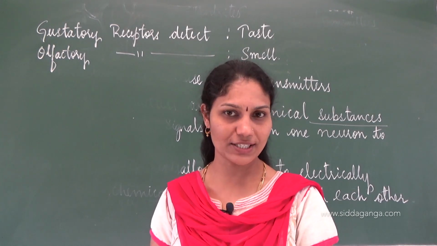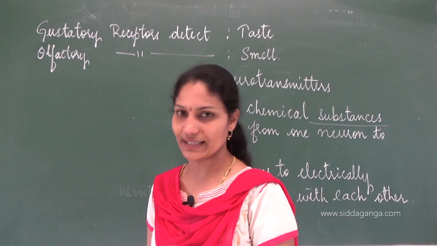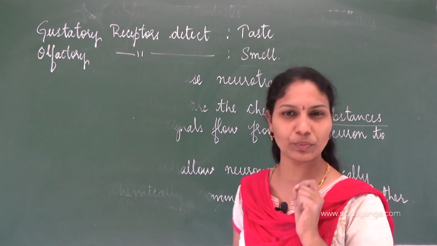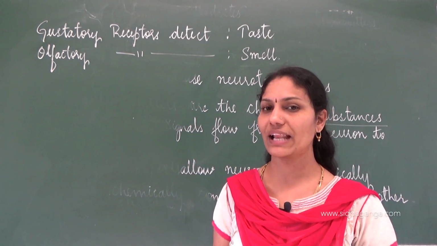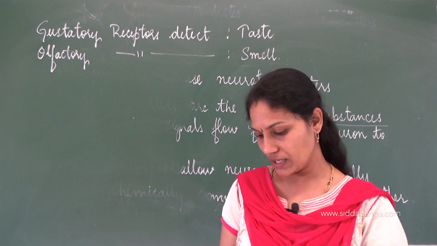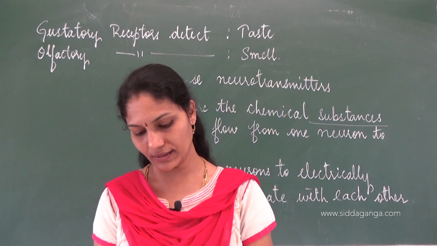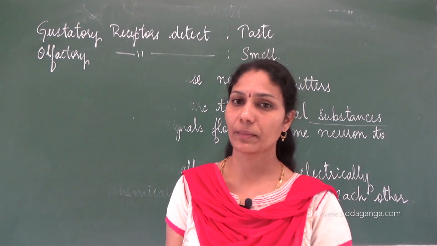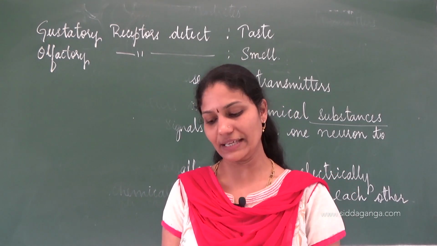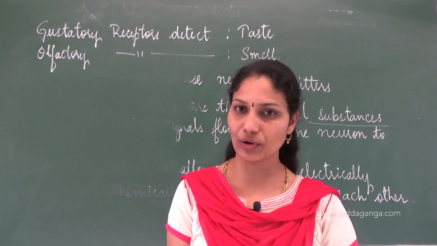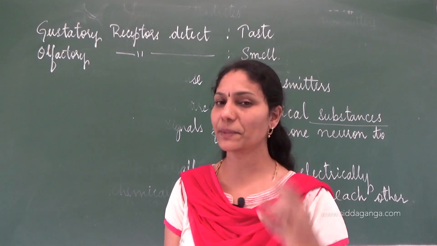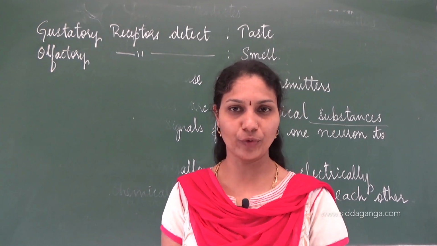Why? Because with the food, along with the taste, olfactory receptors also play a vital role here. Food will have a particular smell also. So here we can say food tastes different with the nose closed, because both gustatory and olfactory receptors help the brain in interpreting the food.